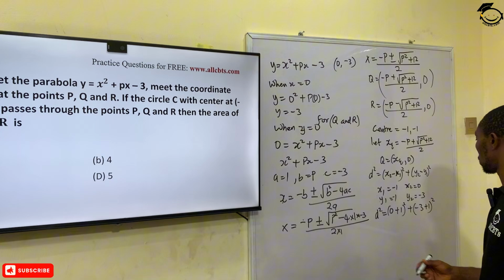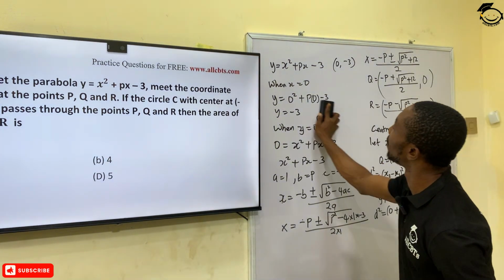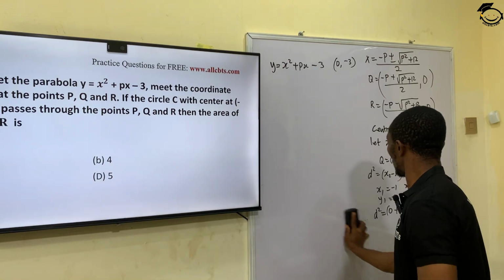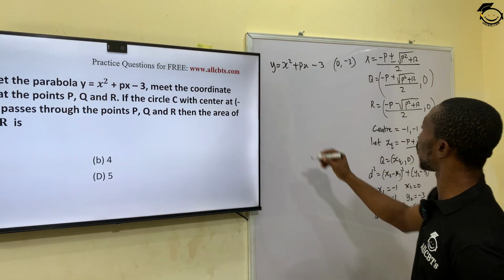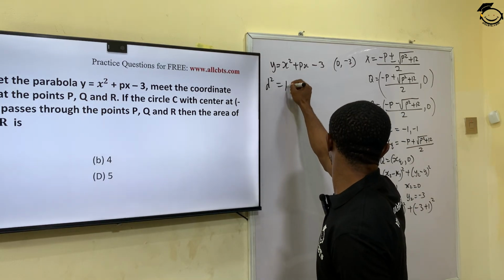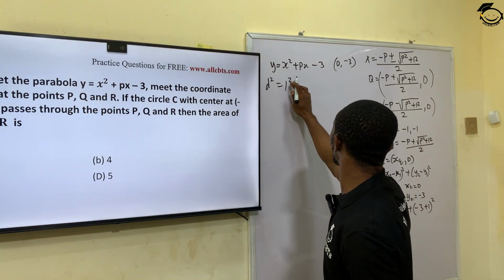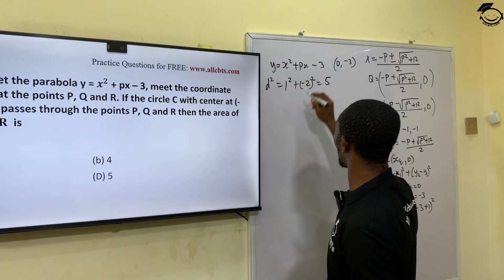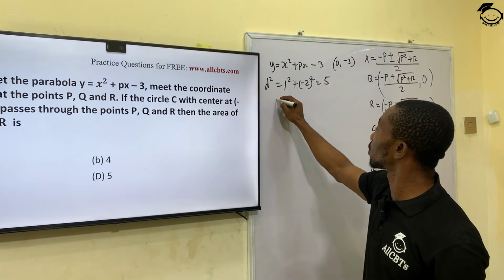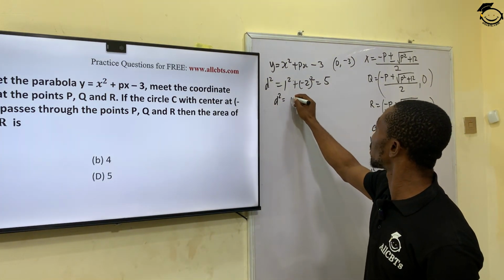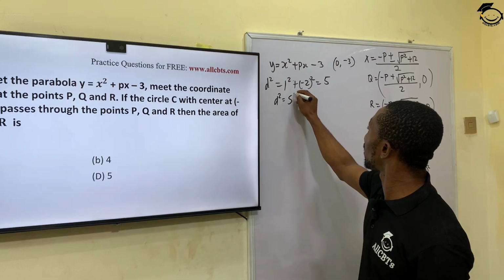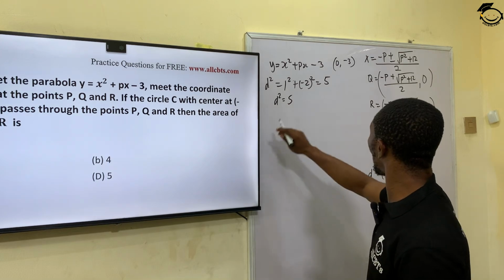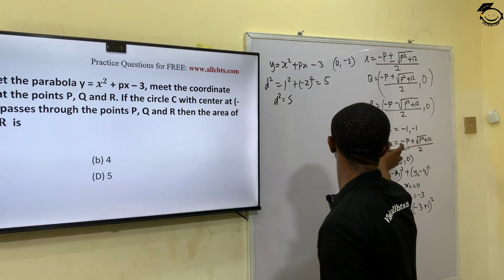So our d squared equals 1 squared plus minus 2 squared, which will give us 5. So here we have our radius squared as 5.